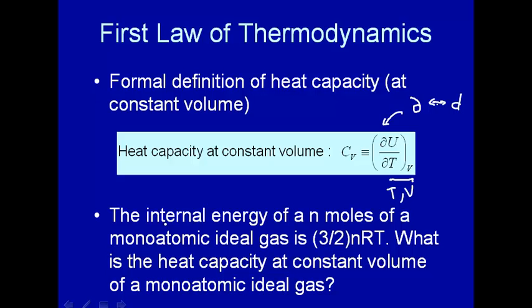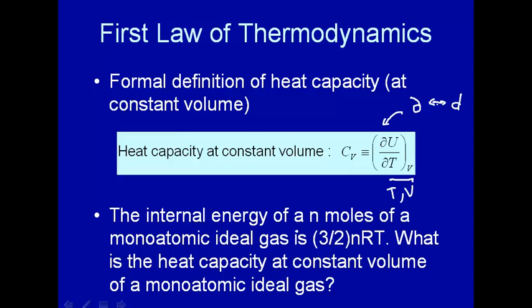Now let's do an example. We'll learn in statistical thermodynamics in our 2 lectures at the end of the course that the internal energy of n moles of a monoatomic ideal gas, approximated by, say, helium, is 3/2 nRT. What is the heat capacity at constant volume of a monoatomic ideal gas?